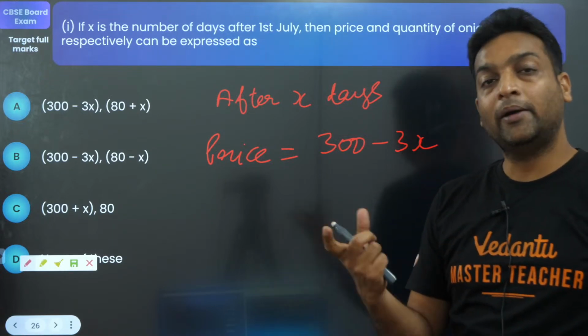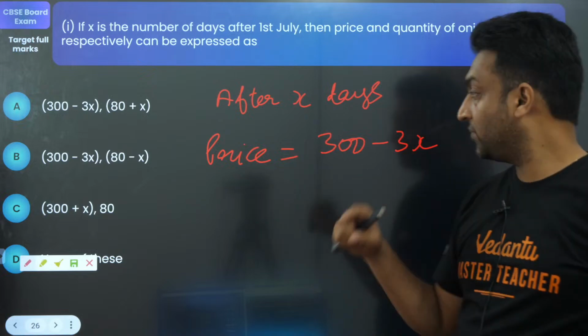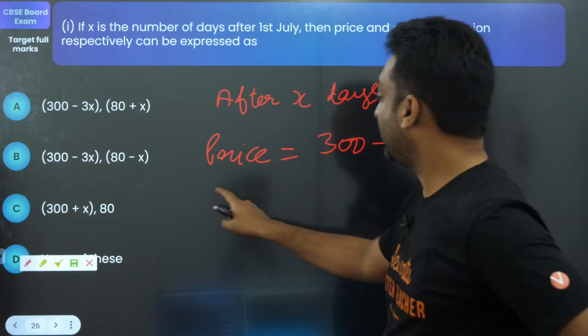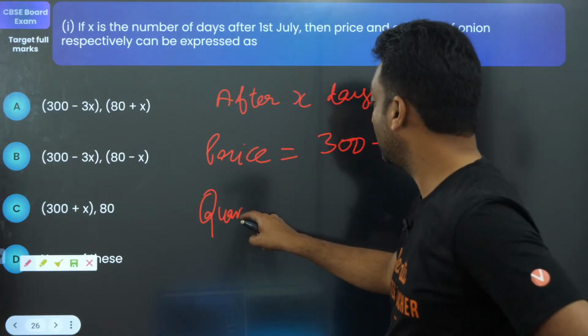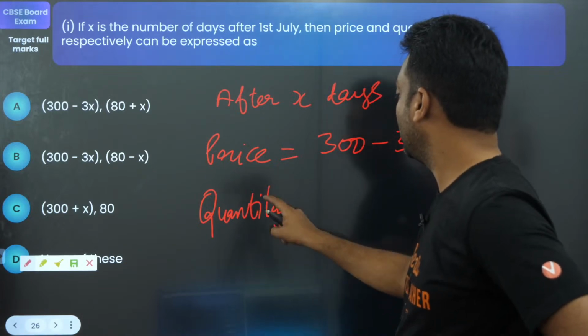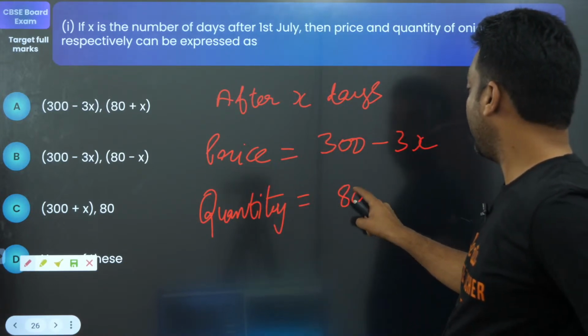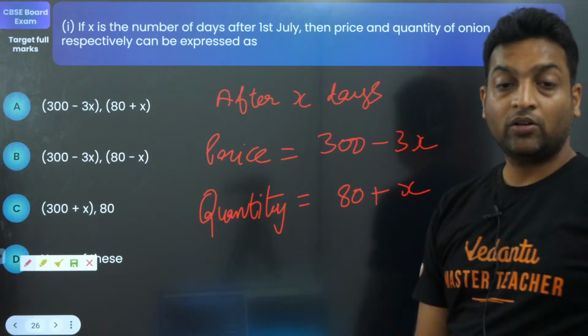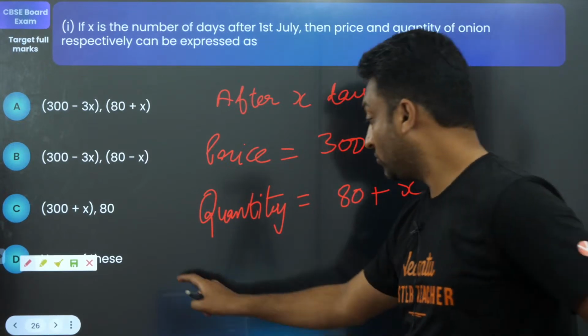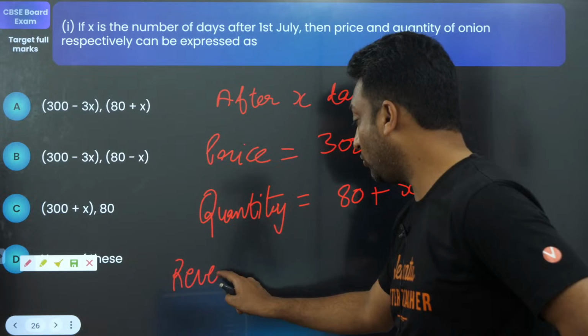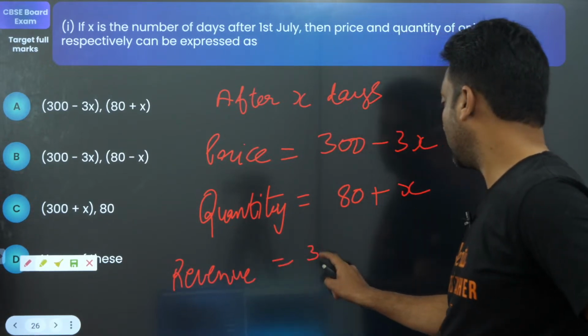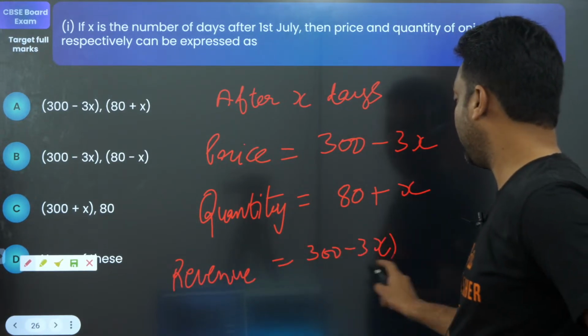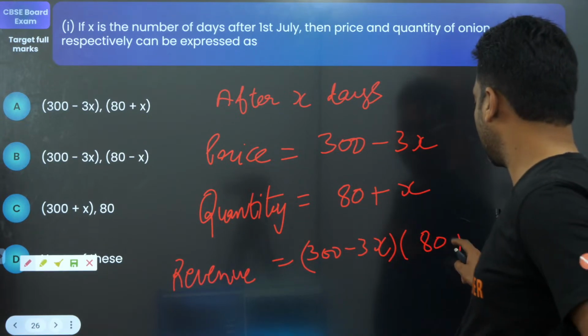After x days, the price will decrease by 3 into x, and the quantity will be 80 plus x. So what will be the total revenue after x days? Revenue will be 300 minus 3x into 80 plus x.